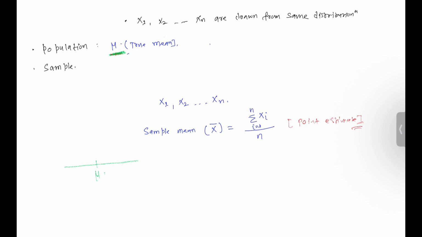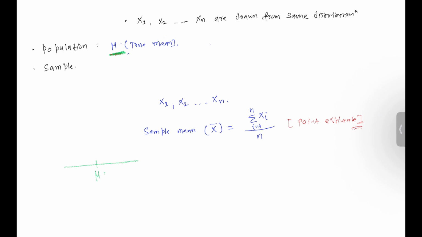So instead of giving just a single number as an estimate, we are trying to give a range, and that will be more informative. Let me break that down. That range or interval is what we are going to refer to as a confidence interval.